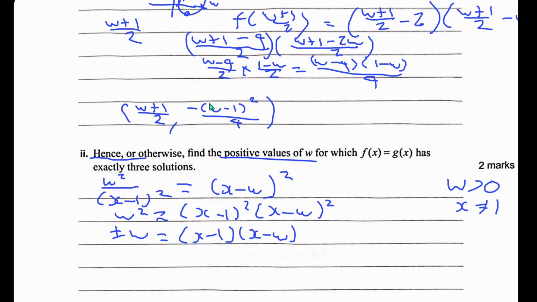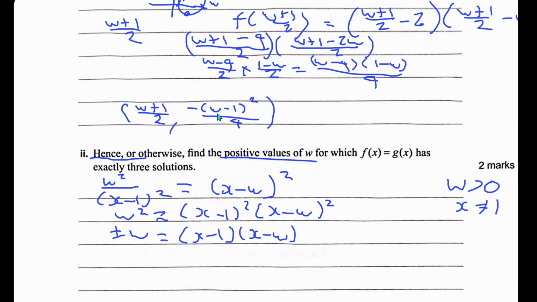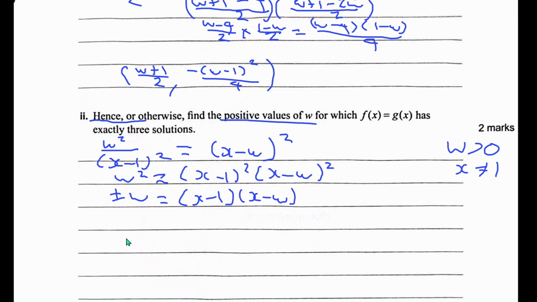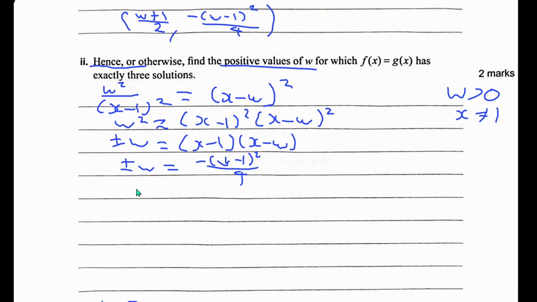So we're going to get plus or minus w to equal that minimum point, negative (w minus 1) squared divided by 4.